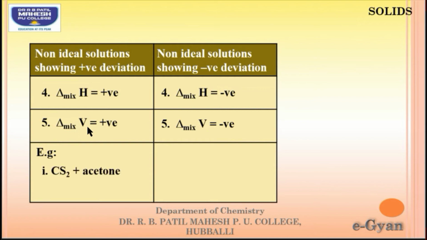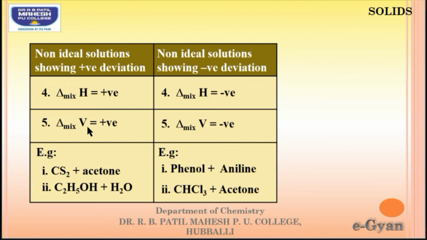Examples for positive deviations are CS2, that is carbon disulfide and acetone, and ethanol and water. Whereas examples for negative deviation are phenol and aniline and chloroform and acetone.